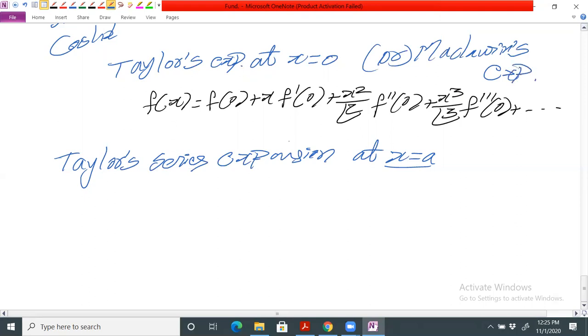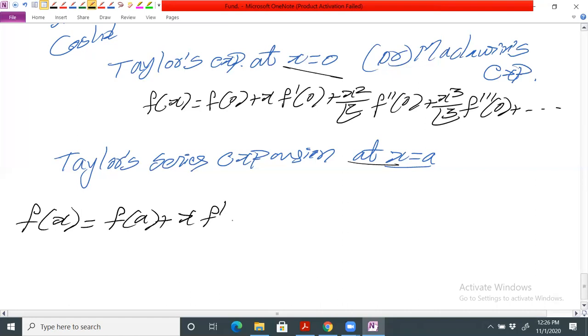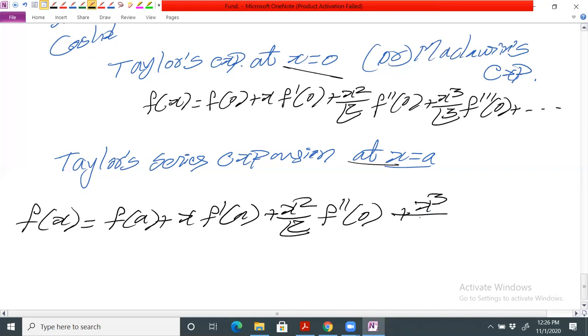But whenever they are asking at x equals to a, we have to write the formula. At x equals to 0, we have to substitute x equals to a. So f of x equals, simply we'll get f of a plus x into f dash of a plus x square by factorial 2 into f double dash of a plus x cube by factorial 3 into f triple dash of a, and so on.